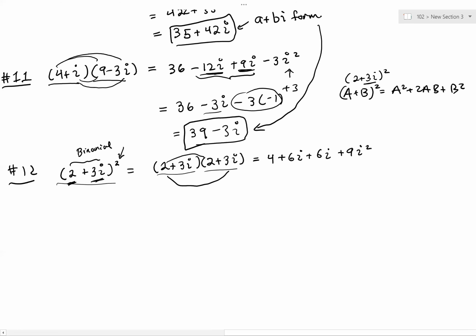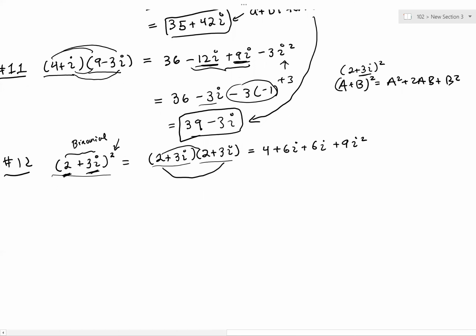So here, after foiling it, this is what I end up with. Similar to the last example, I'm going to combine like terms here. I'll end up with 12i. That i squared, again, is going to become a negative 1. And that 4 is still there. So now I'm adding this 9 times negative 1, which will be a minus 9.